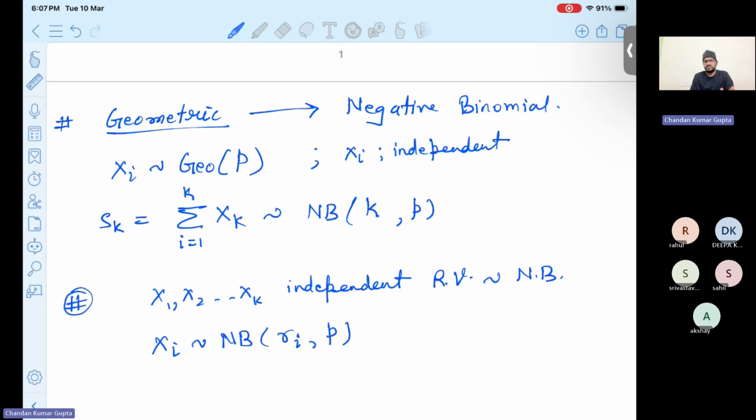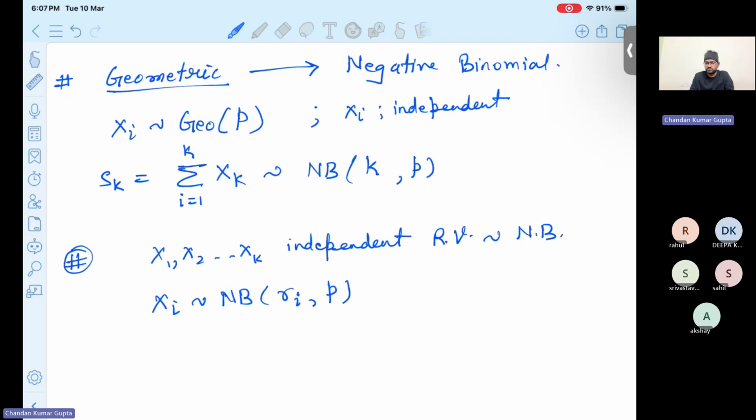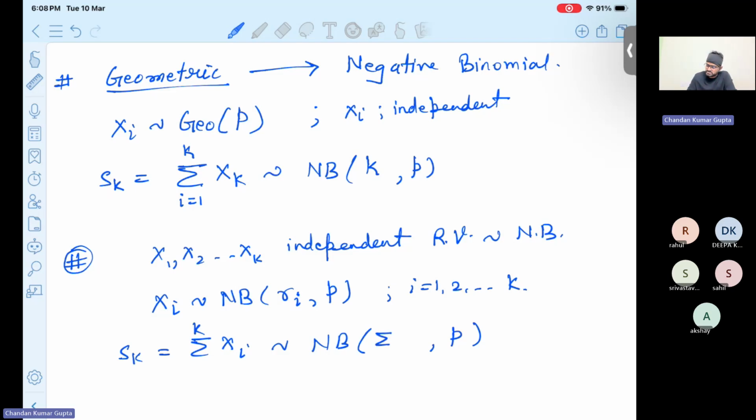So one parameter is common again, and the other is not. Now Sk, which is the summation of Xi, again follows negative binomial with parameters p, which is common, and the summation of ri from 1 to k.